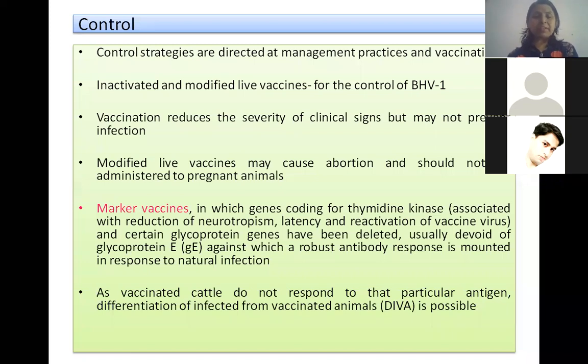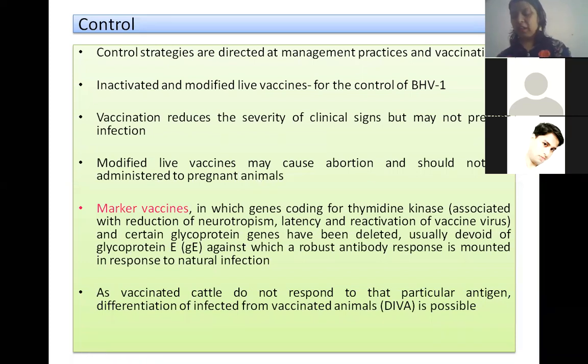But vaccination only reduces the severity of the disease, and it cannot prevent the infection totally. And modified live vaccines are generally not used in pregnant animals because they cause abortion. So their use should not be there in pregnant animals.